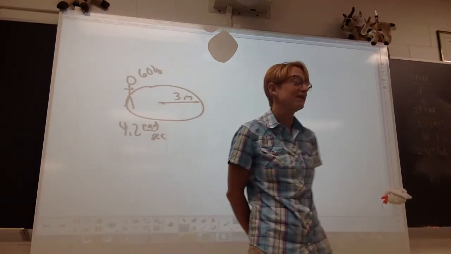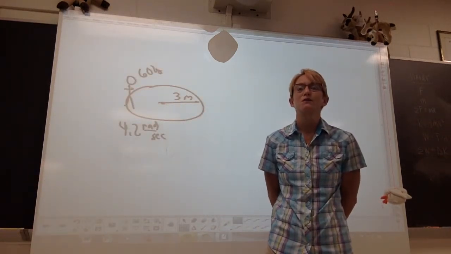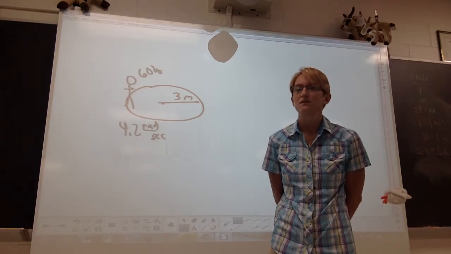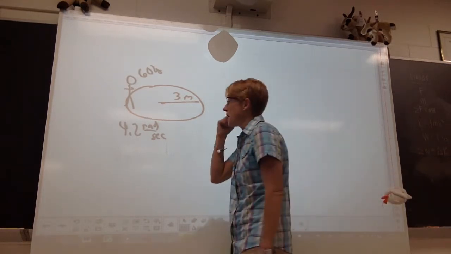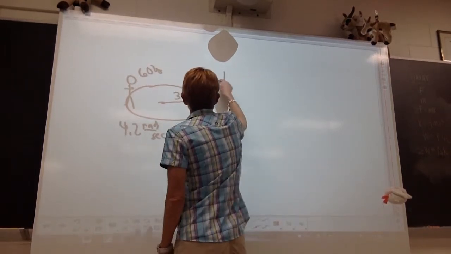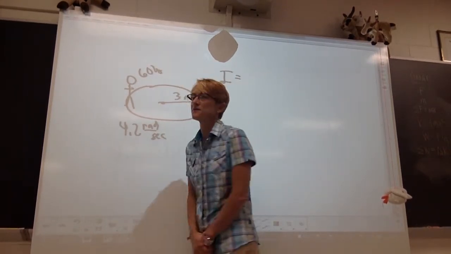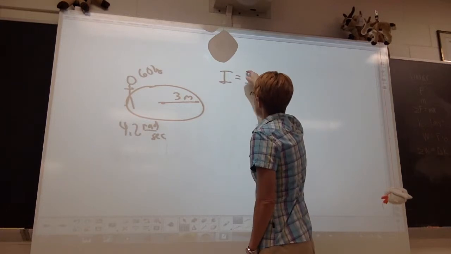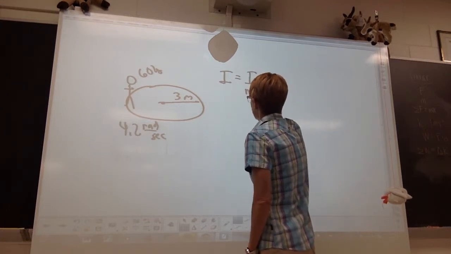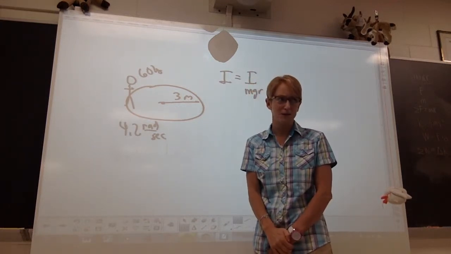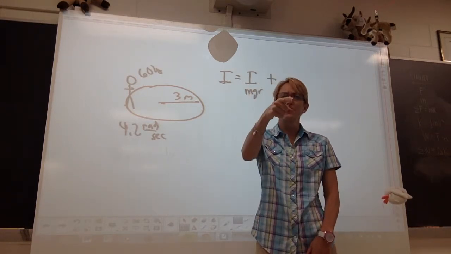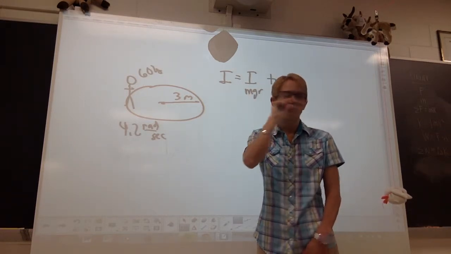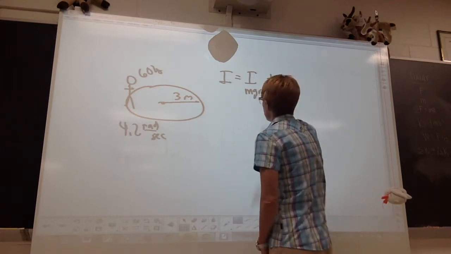Does you being on the merry-go-round increase or decrease the total rotational inertia? It increases it, without a doubt, right? So, in order to know the total rotational inertia, wouldn't we have to know what the inertia of the merry-go-round (MGR) is, plus add your rotational inertia.